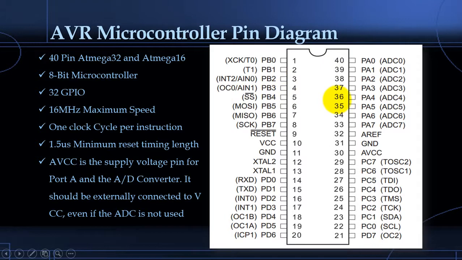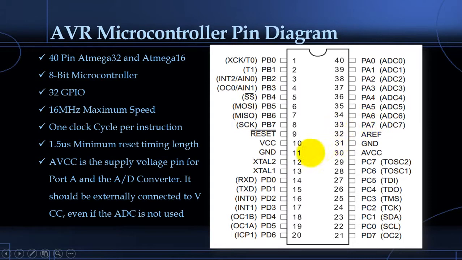As you can see here, it has 4 ports: port A, port B, port C, and port D, and each port has alternate functions. Port A has an alternate function such as ADC. Port B has alternate functions such as timer 0, timer 1, internal clock, external clock, analog input 0, analog input 1, and this one is for SPI communication.